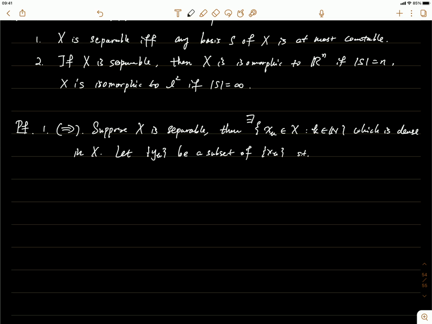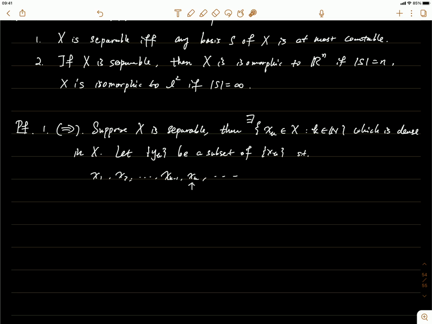We start from x1, then go to x2, x3, and every time we see if this x_k can be linearly represented by the previous x's. So we have x1, x2, up to x_(k-1), x_k. When we are at this point, we see if x_k can be written as a linear combination of these. And if it can be, then I will just discard it.